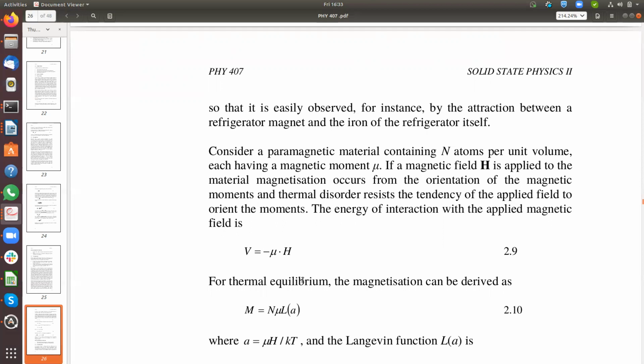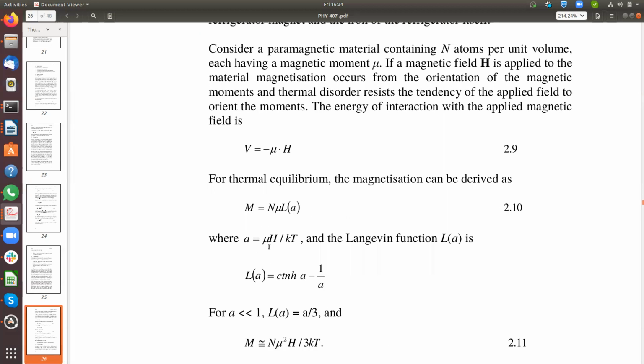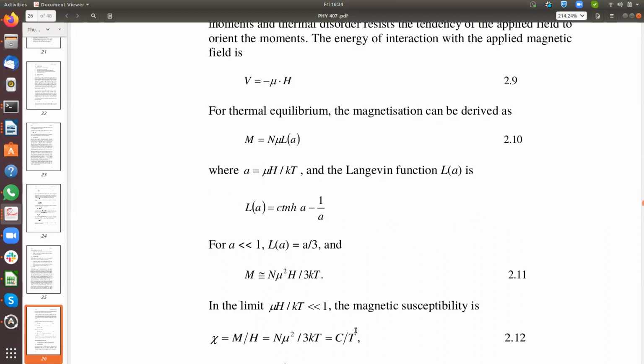So if you take it to thermal equilibrium, magnetization can be derived as M equals N mu L(a), where a is mu H over kT and L is the Langevin function. This is a trig function, and at the end of the day it is a over 3, and magnetization is equal to this.